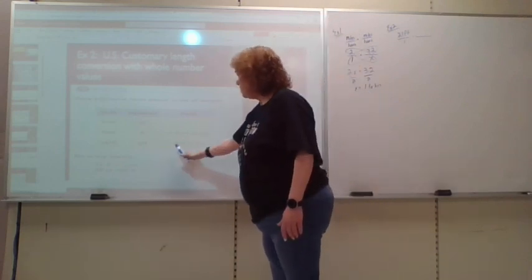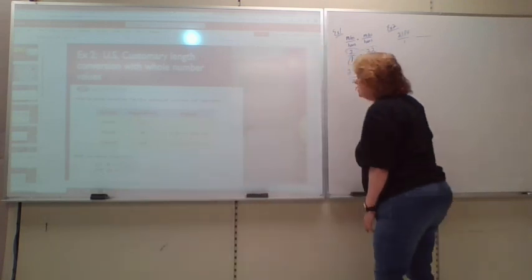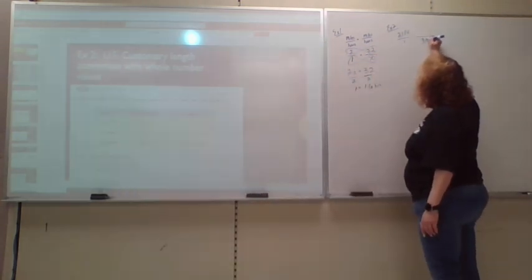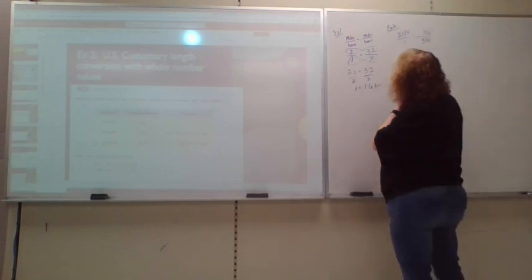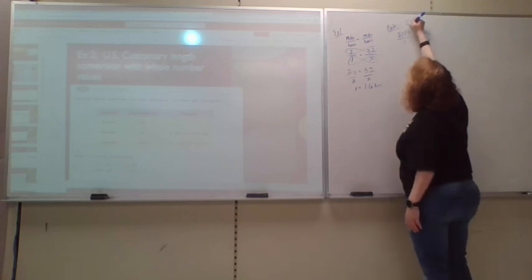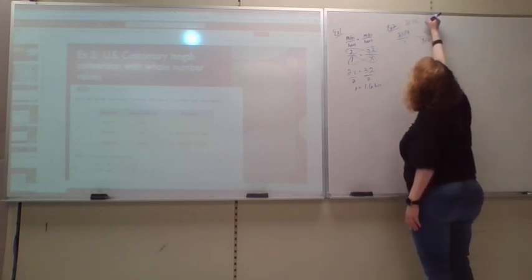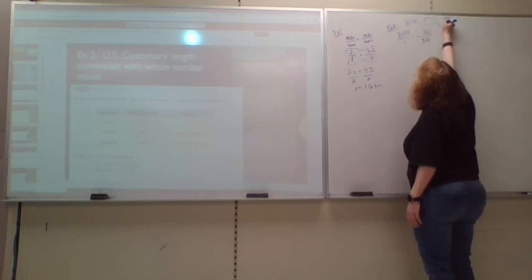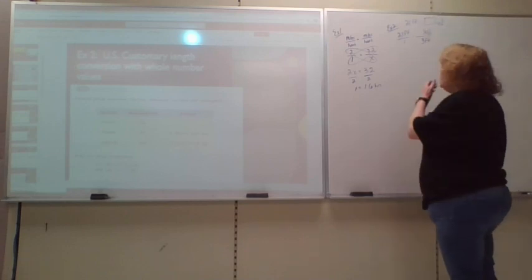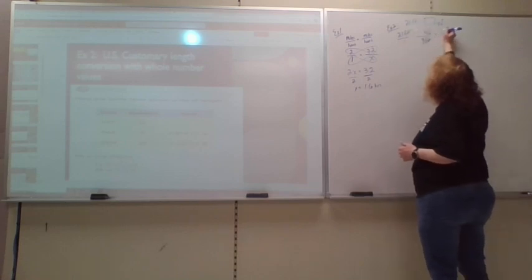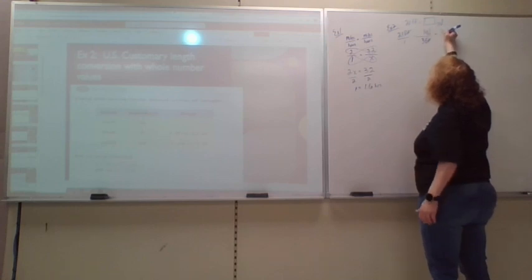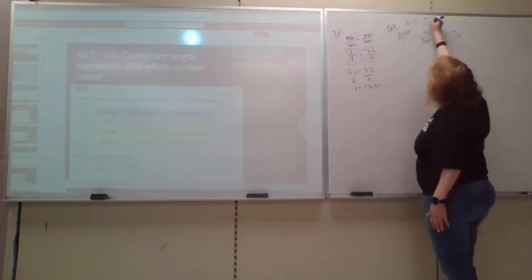Feet to yards, right? So I'm going to put feet on the bottom, 3 feet, and 1 yard on top. Why do I do that? Because I'm wanting yards, right? My problem is 21 feet equals box yards. So I cross this out, which leaves me with yards only. That would be 1 times 21 is 21, over 1 times 3 is 3, which equals 7 yards. So the answer is 7.